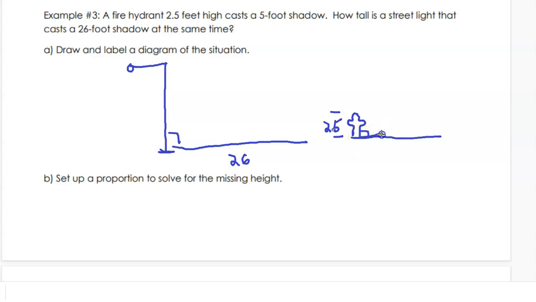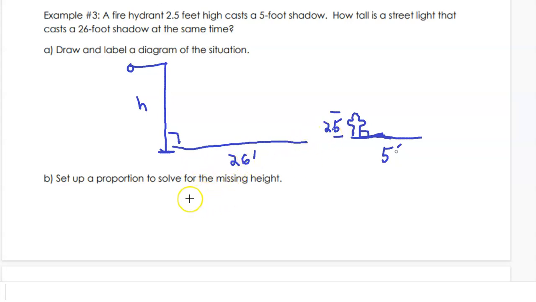And we know that its shadow here is 5 feet. So again, we have this h that we don't know. We have 26, we have 5, we have 2.5. So we're going to set up our proportion again.